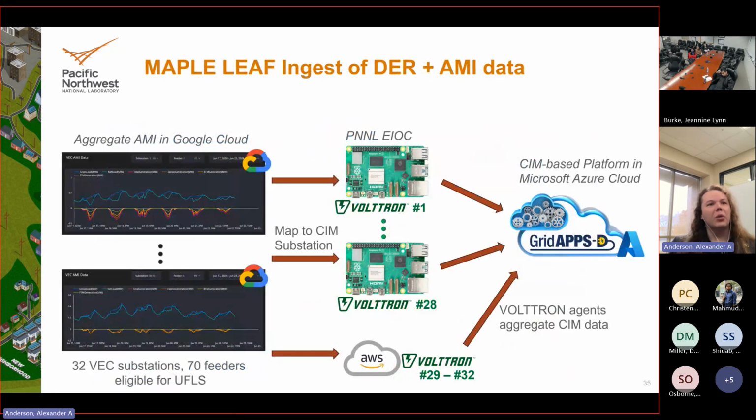How does that actually work? What do we mean by aggregating data on a field message bus? Well, for this study, we're looking at 32 distribution substations and 70 feeders that are eligible for under-frequency load shedding. We pull that data down onto 28 Raspberry Pi 5s running the VOLTTRON platform.